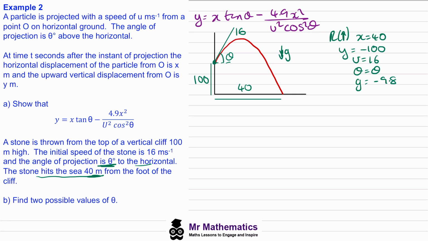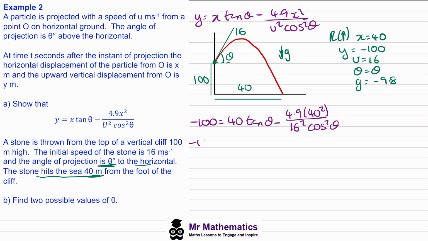So y, negative 100, will equal x times the tangent of theta minus 4.9 times 40 squared over u squared 16 squared cos squared theta. We can work this out and then move the cos to the top as a sec.